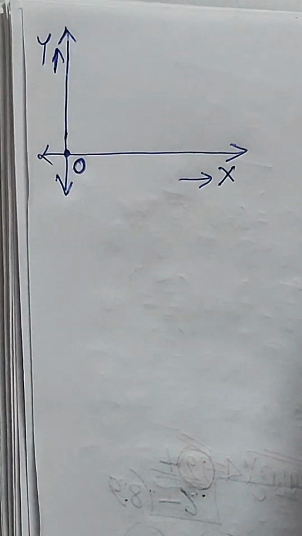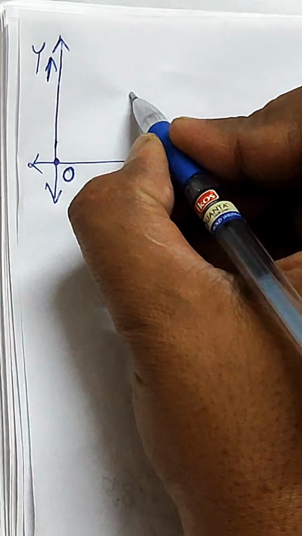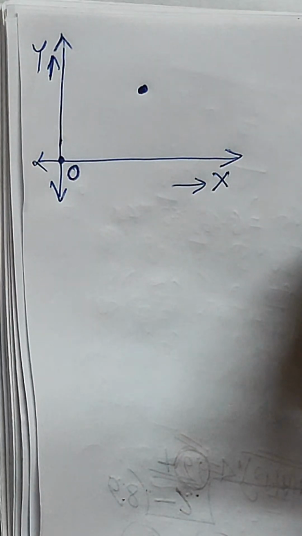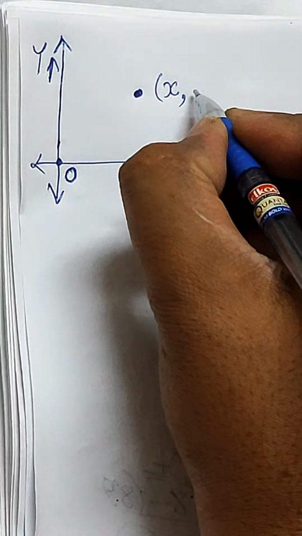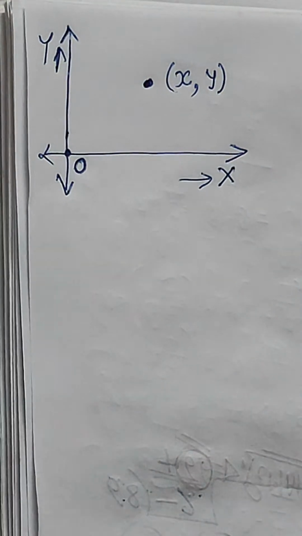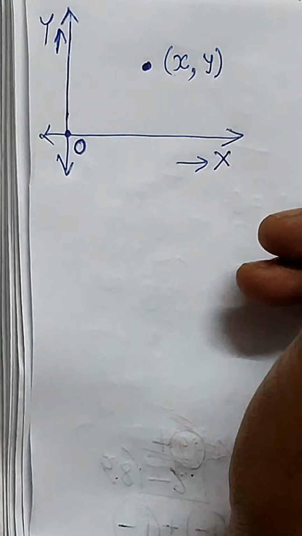And if the body is given in this numerical, let's say the body is present over here. The coordinates are x and y. The first is abscissa, second is ordinate. The x and y coordinates are given to you, right?